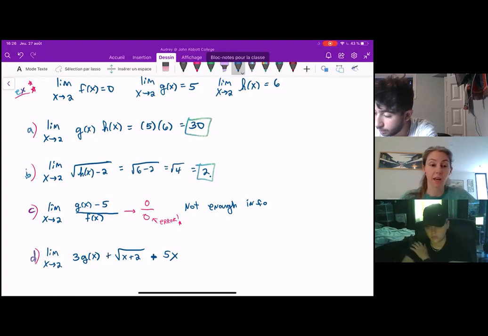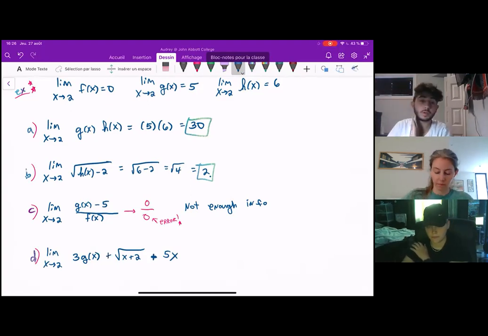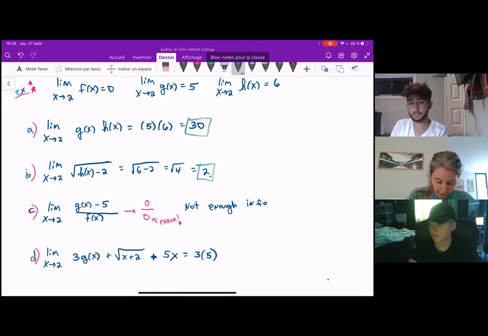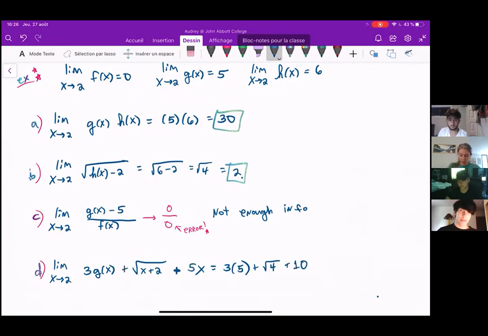Can I still just plug in? Yeah, I think so. So I'll get 29? Is it 29? 10, 15 plus 10, that's 25. Oh, it's 27, because here we're going to get the square root of 4, which is 2, and then plus 5 times 2, and that gives us a 27.